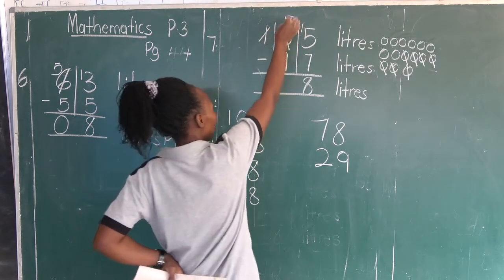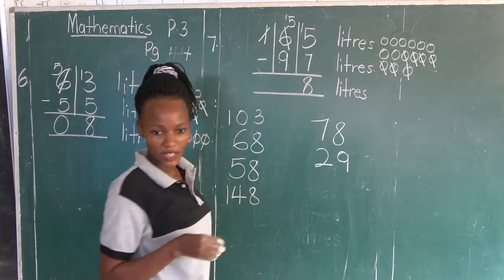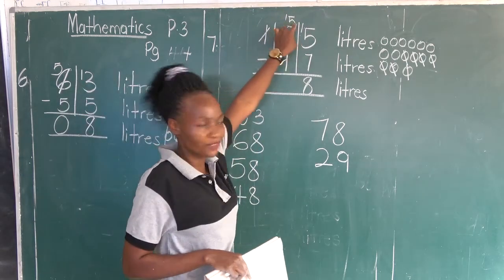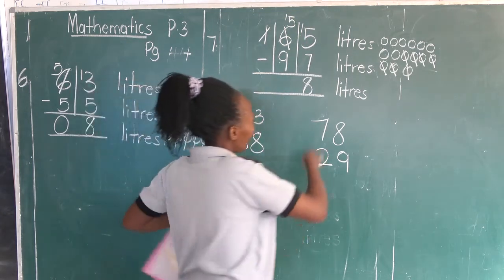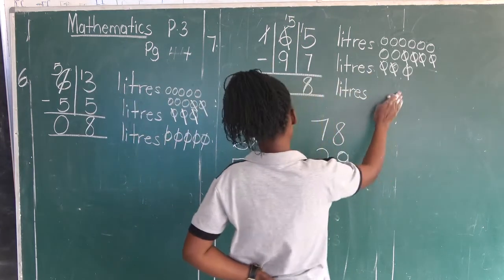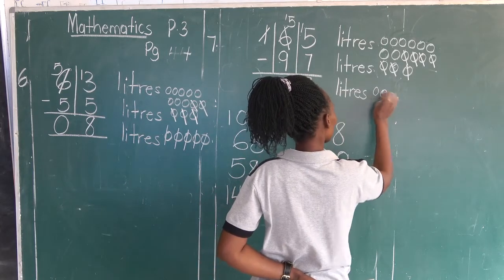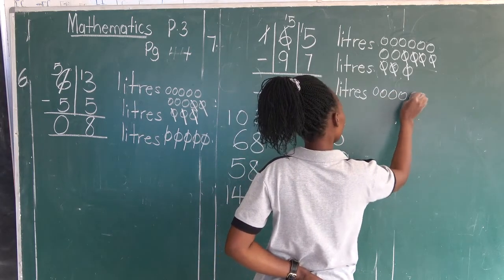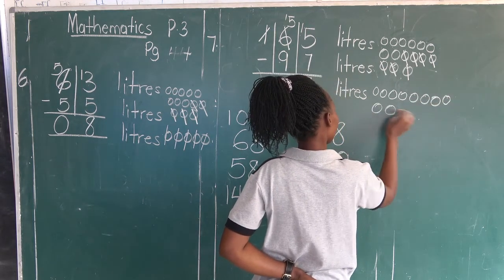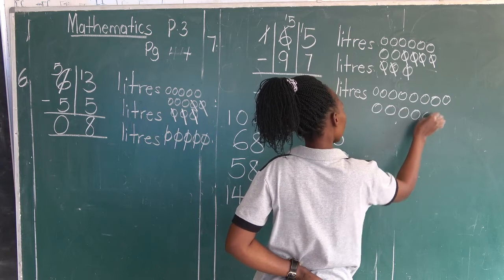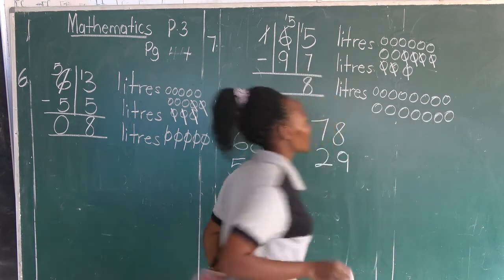We come to the next place value. We get that 1, we put it there. Okay? Now it will be 10 plus 5, still to be 15. Now 15, take away 9. Let's draw the 15. 1, 2, 3, 4, 5, 6, 7, 8, 9, 10, 11, 12, 13, 14, 15.